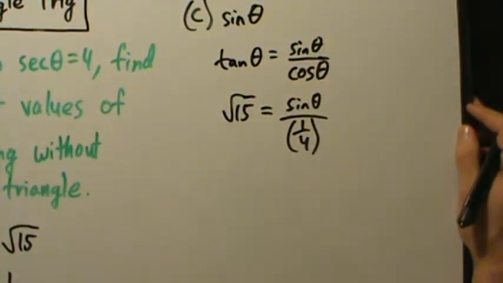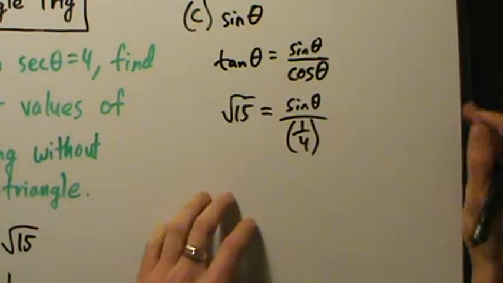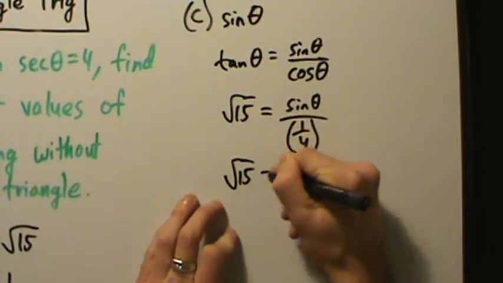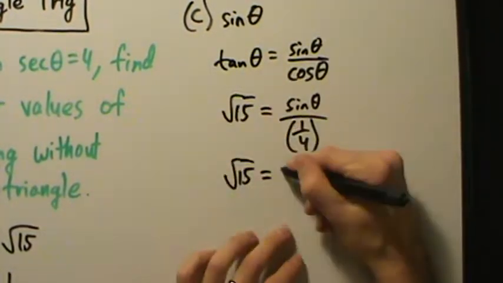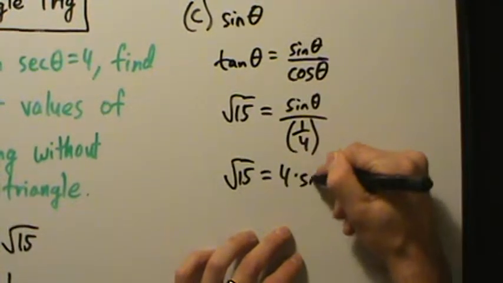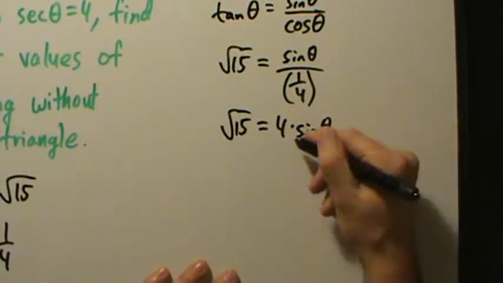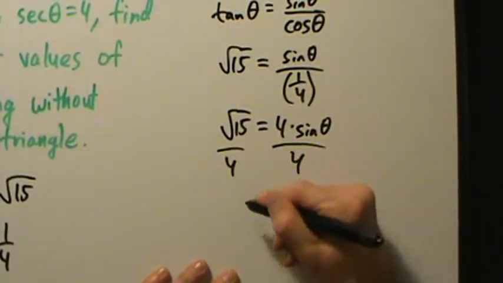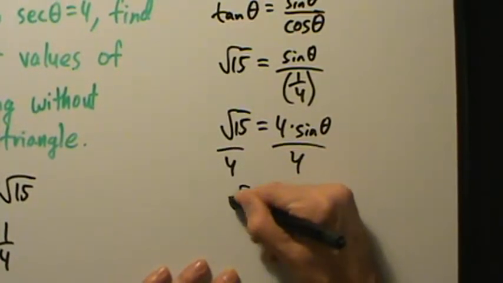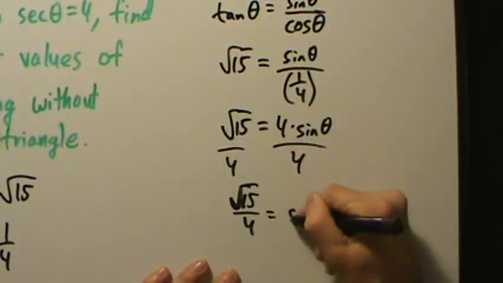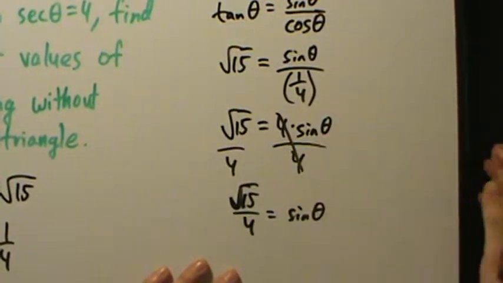Now, a few different ways to think about this, but let's do it like this. So if you divide by 1/4, what are you really doing? Well, sine of theta divided by 1/4, that's the same thing as multiplying by 4, so that's 4 times sine of theta. Okay. So now we can divide both sides by 4, and then we'll end up with root 15 over 4 equals the sine of theta, because these 4's cancel.